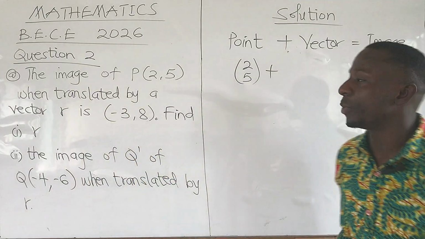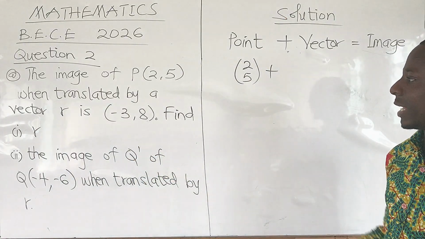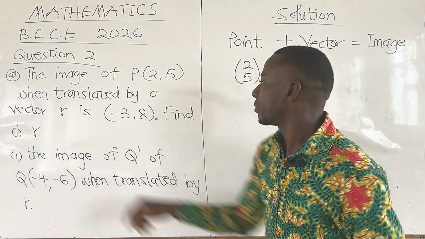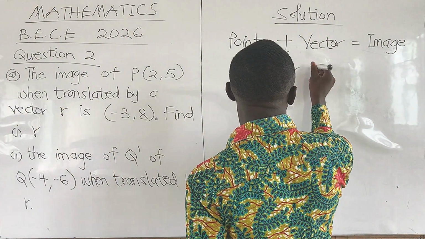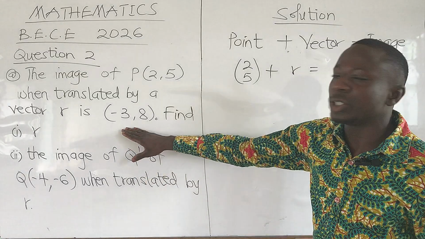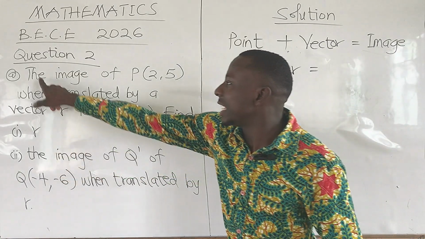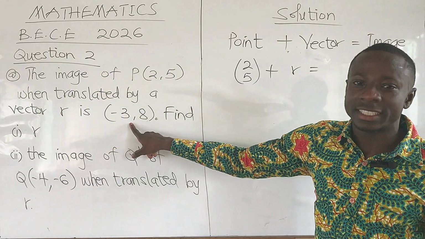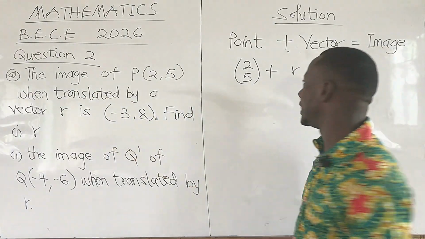So the (2, 5) will be written in a vertical form like this. Then the vector is the R. So my R will be here. Then this is going to be the image because the question said the image of this point is this. So the image is (-3, 8).